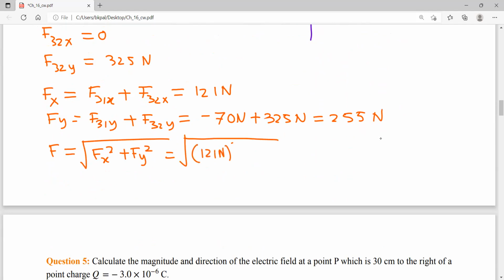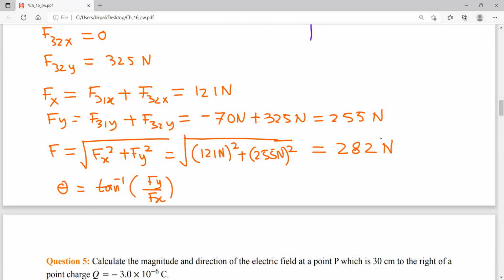121 Newton square plus 255 Newton square, and that is equal to 282 Newton. And what is the angle? Angle theta is tan inverse of Fy divided by Fx.